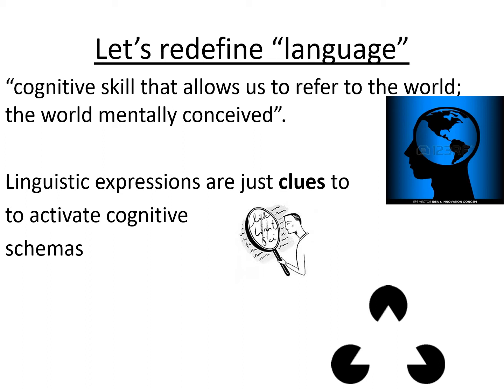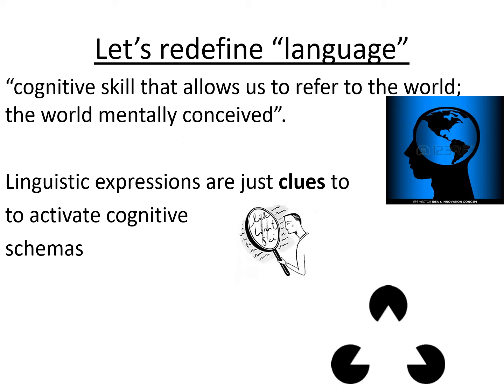So there is a way that we can actually see that triangle there, even though the triangle is not really there. So that's what language does. Language helps us to connect to the world. It is not really important or necessary that it tells us about the real world. It's just enough that it points us at what we believe the world is. So the words we have, the morphemes we have, they just activate cognitive schemas.